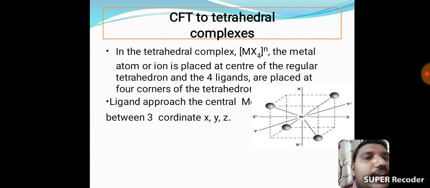See, this is the diagram where the central metal atom or ion is placed at the center of the regular tetrahedron, and the 4 ligands are placed at 4 corners of the tetrahedron. Ligands approach the central metal between the 3 coordinate axes x, y, z.